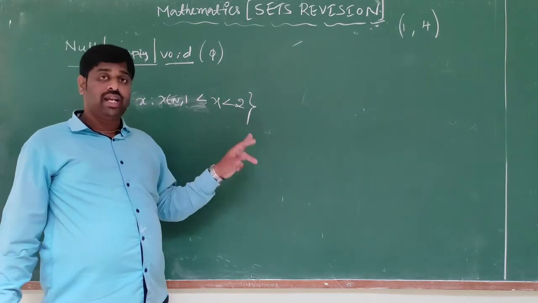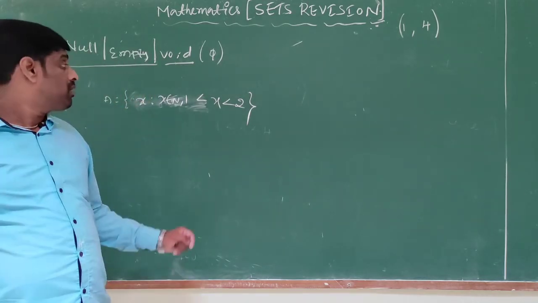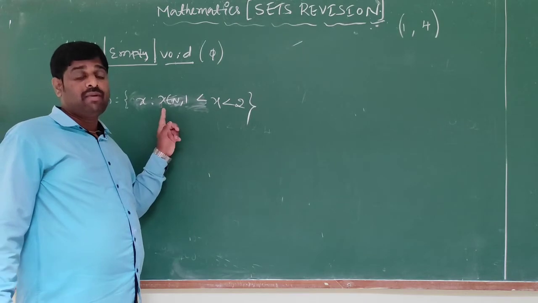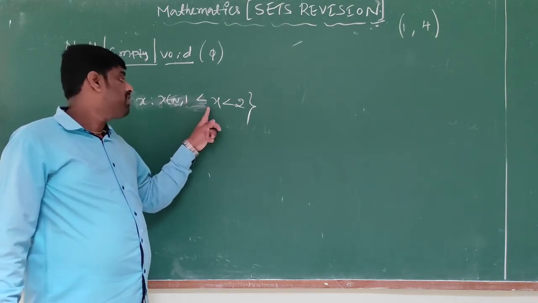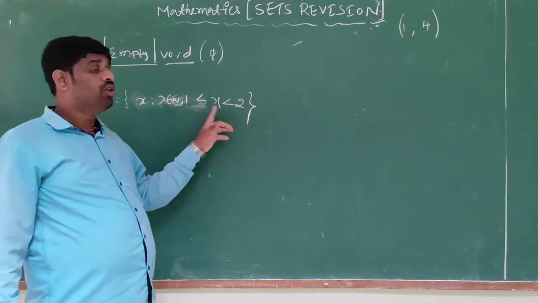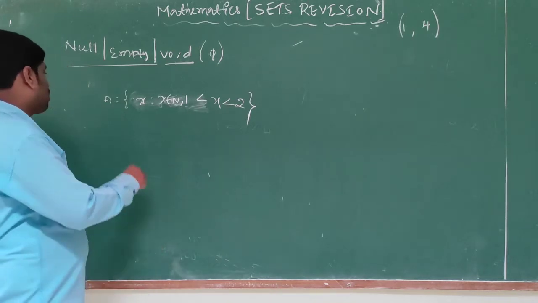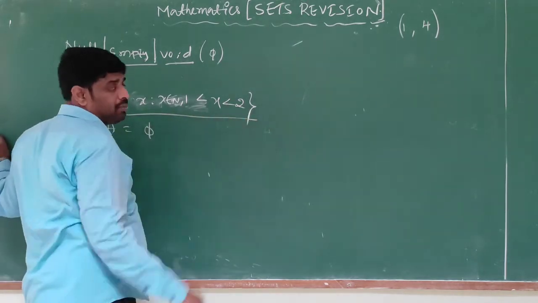Between 1 and 2 any number is there, but those are decimal numbers. But here we have to write which number? Natural number. So is 1.5 a natural number? No, it is a decimal number. Between 1 and 2 there is no natural number, therefore A is equal to null. So this is called empty set.